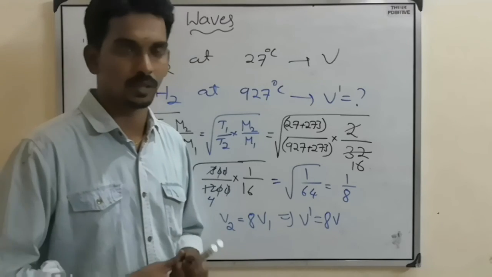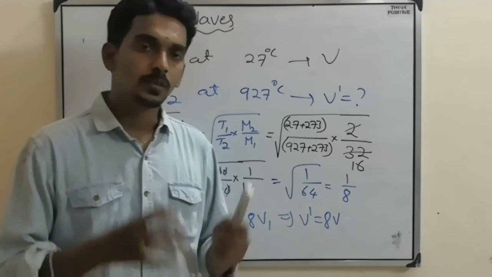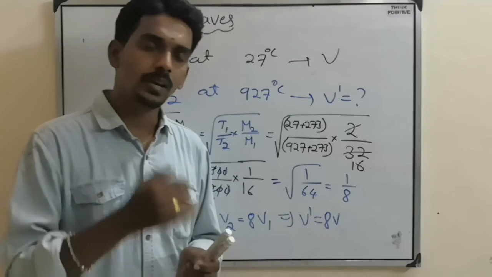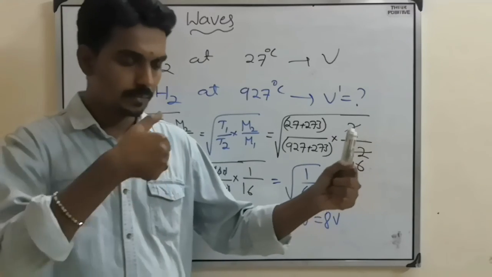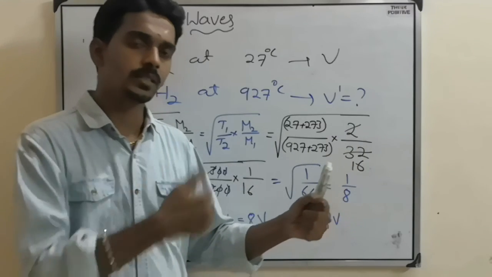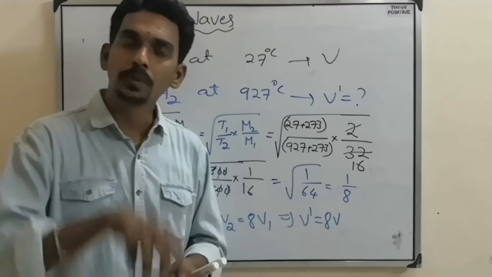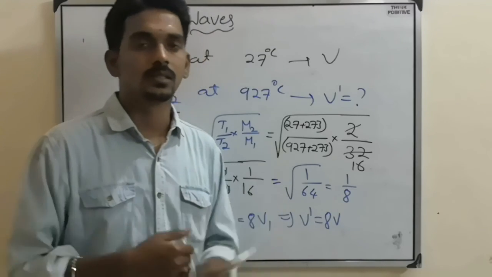Very, very important one. But what is the one more thing I said? The speed of transverse wave, nothing but the waves on a stretched string. The string is stretched and plucked, then vibrations will generate, then a wave will generate. What is the speed of that wave produced on the stretched string?